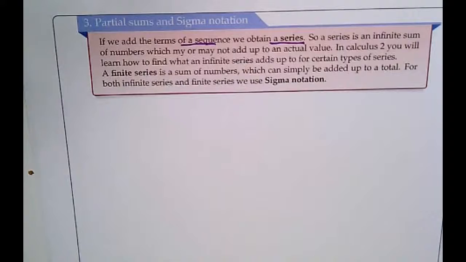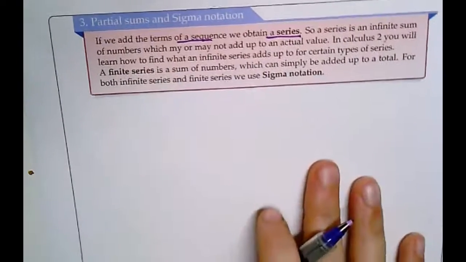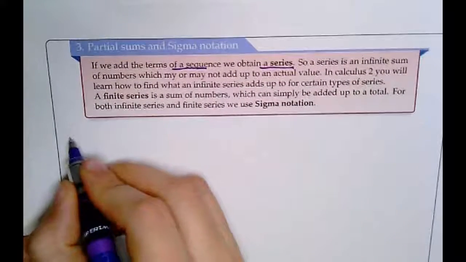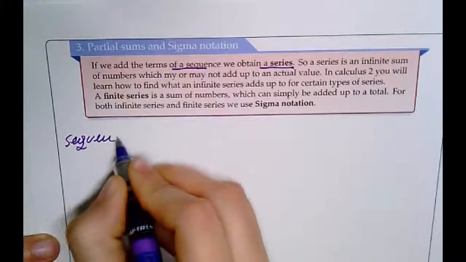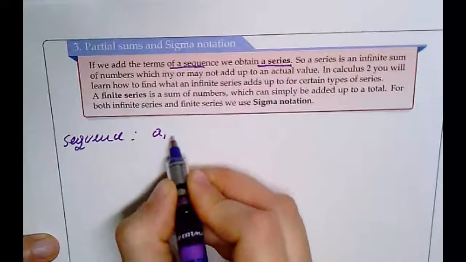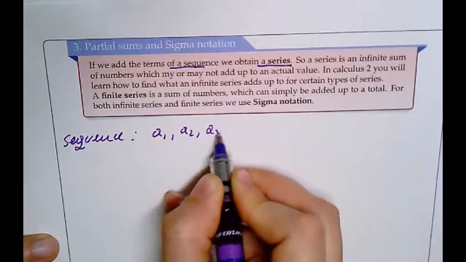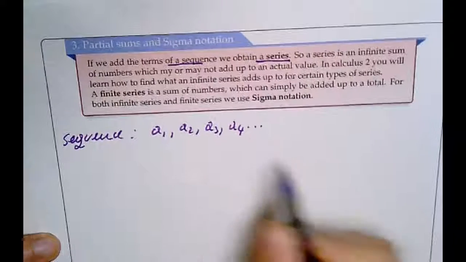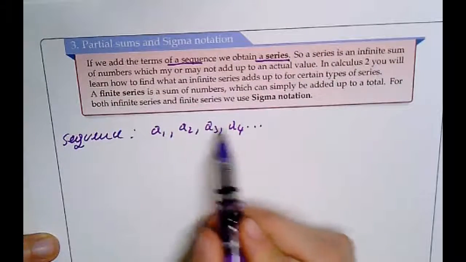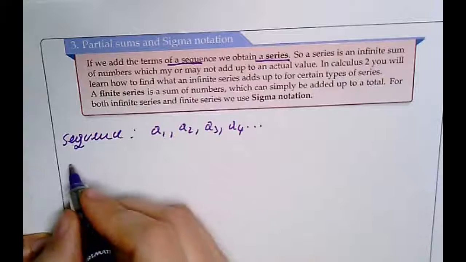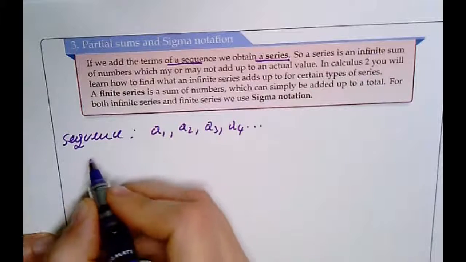So if I have a sequence, which is A1, A2, A3, A4, and so on. A sequence, remember, is an infinite list of numbers. If I add them, then I obtain a series.